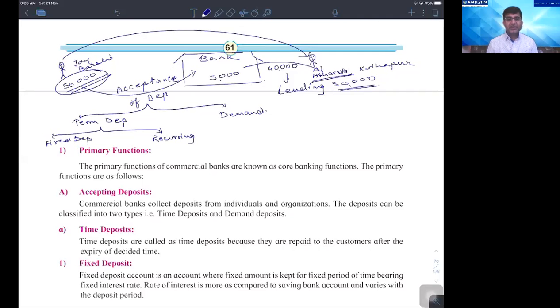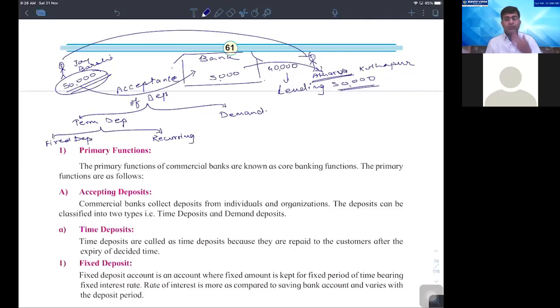Whereas demand deposit means what? Where the funds can be demanded at any point in time, of course during banking hours, without waiting for a particular period of time. That's why those are called demand deposits. Within demand deposits, you have the savings bank account, because we can go to an ATM and withdraw money anytime.